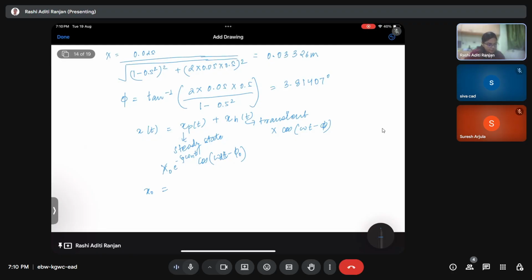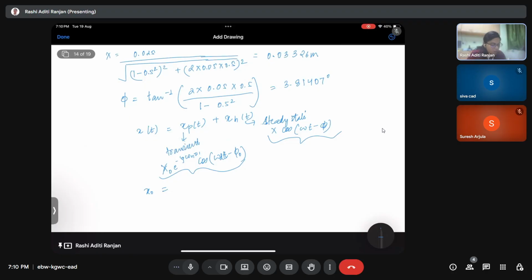Because of the transient, and this is the steady state. I have written it opposite. This is the steady state, and this is the transient. So for the steady state, we already have the values.